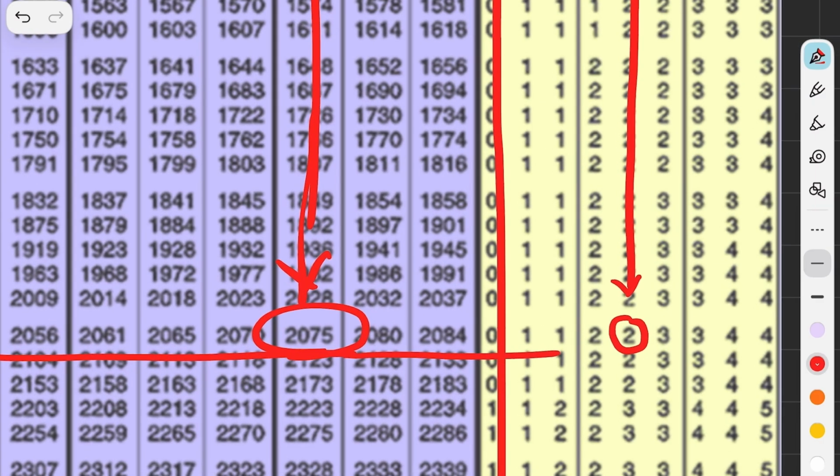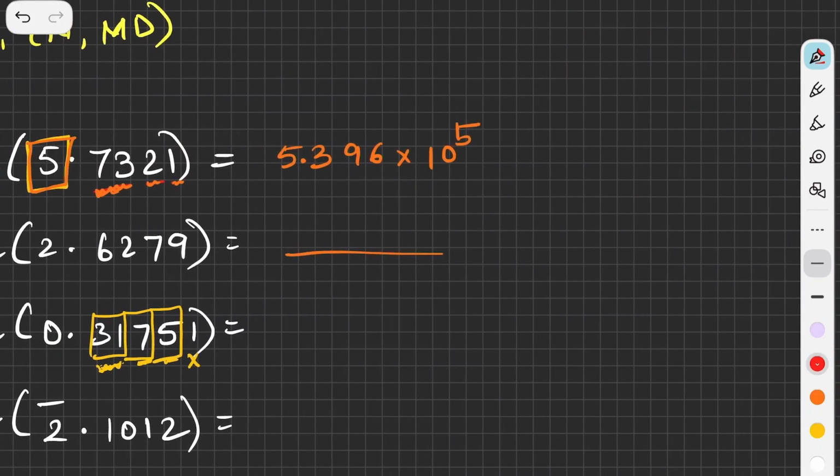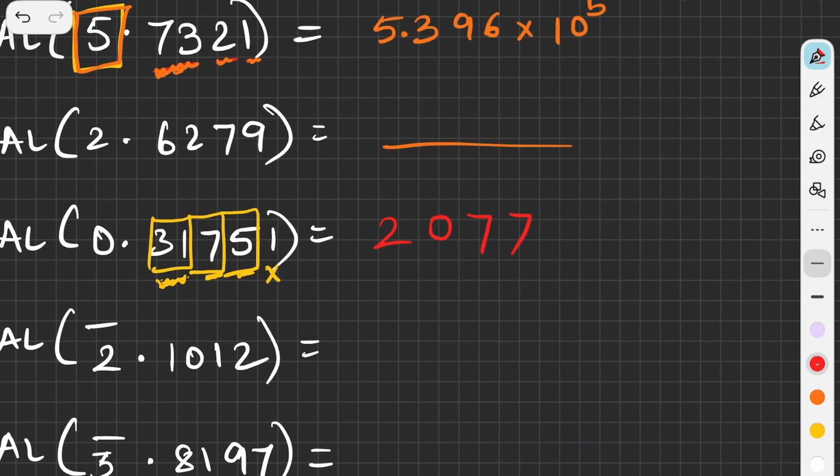So I get 2075 plus 2, that is 2077. The total comes out to be 2077. You need to add those numbers. So I'm writing 2077 over here. Now what you do is put a point after the first digit, always put a multiplication sign, put a 10, and whatever the number before the decimal is, you put that as the power. Here it is 0.